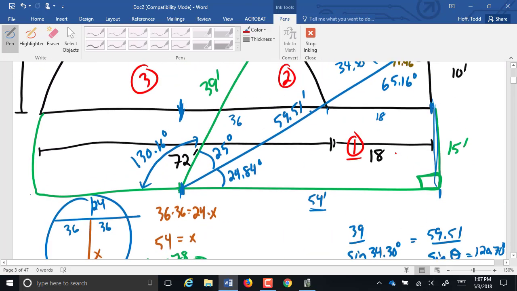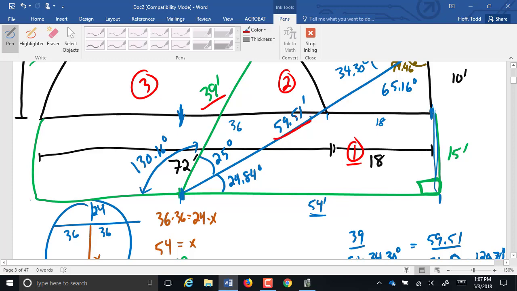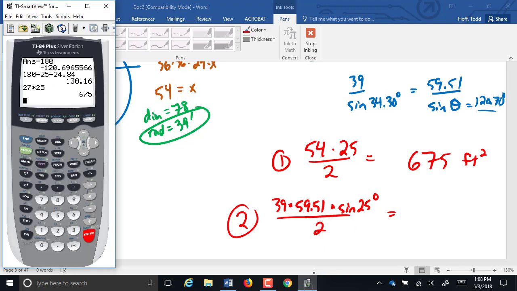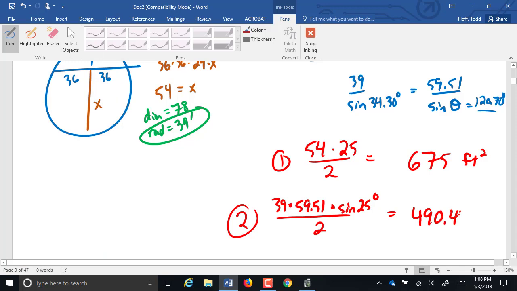Area 2 is 39 times 59.51 times the sine of the 25 degrees over 2. I'm going to rewrite that so maybe it's readable. 490.43 square feet.